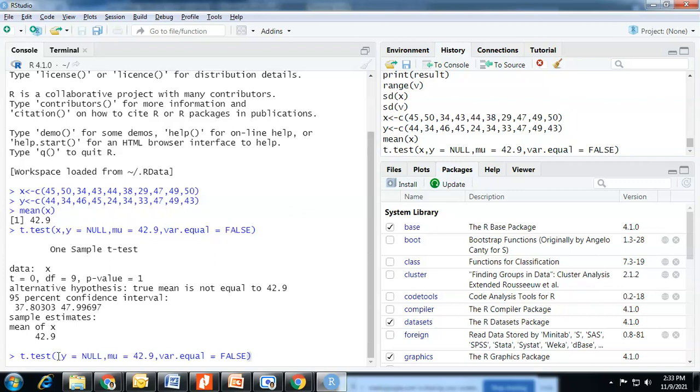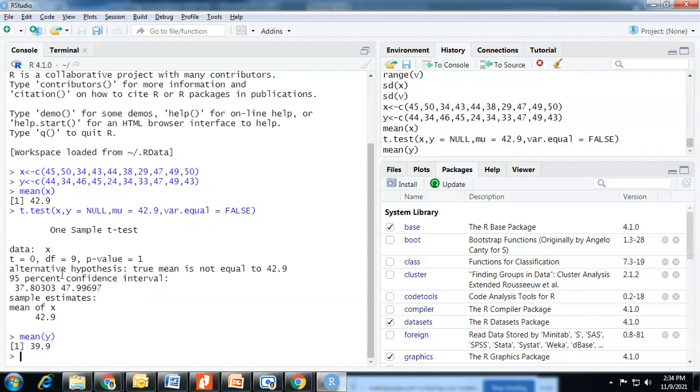We will take y, and instead of x, y we will put x equal to null. But we haven't calculated the mean of y, so let's say mean in bracket y.